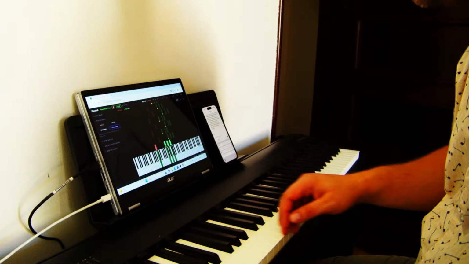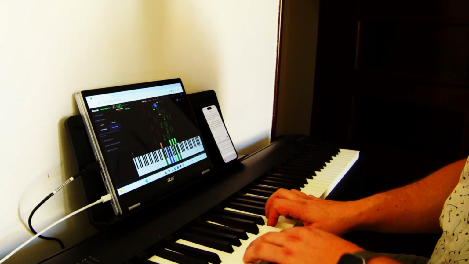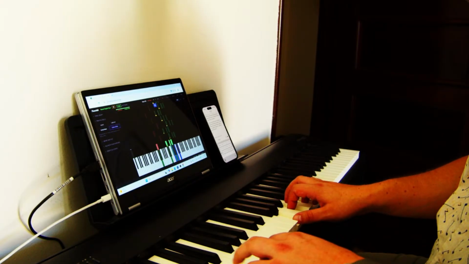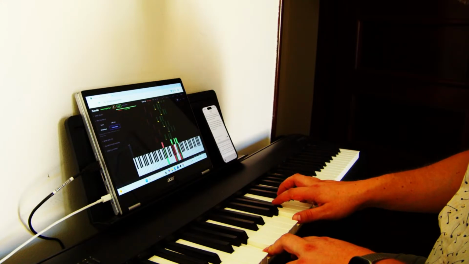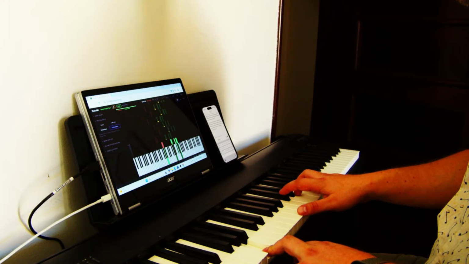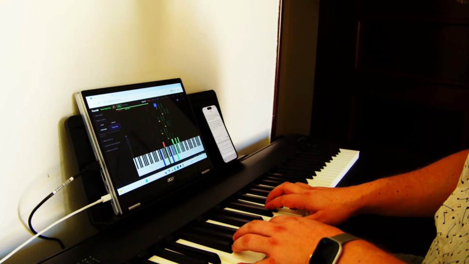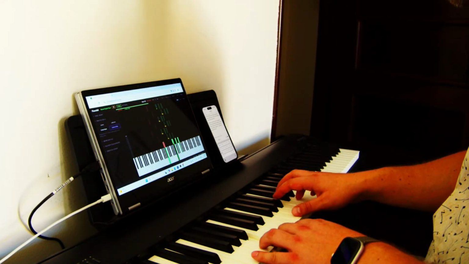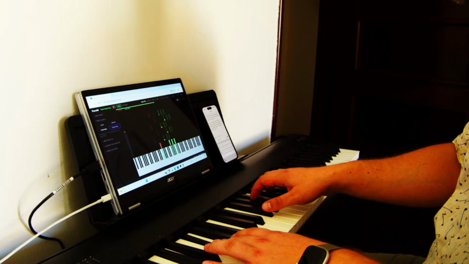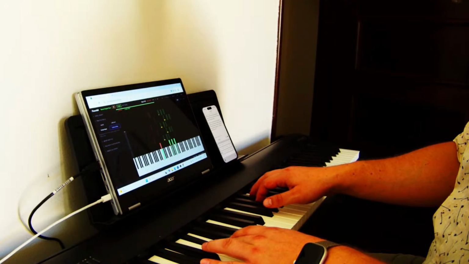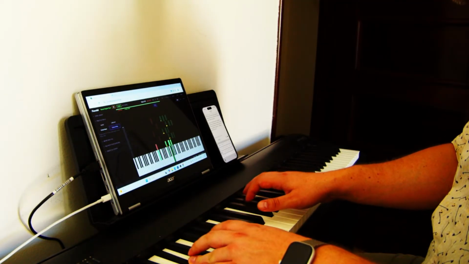Okay, circle of fifths. That's going to be interesting. I like that. And I think this should also repeat itself a few times, right?